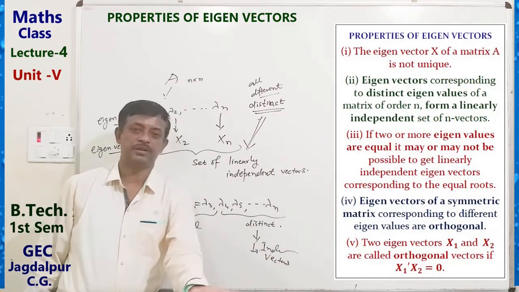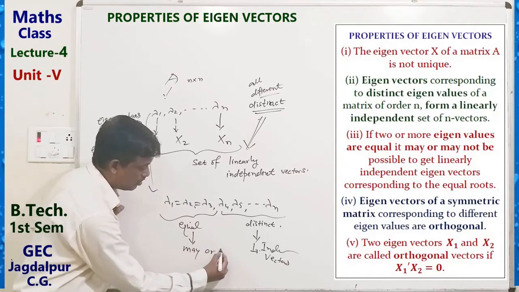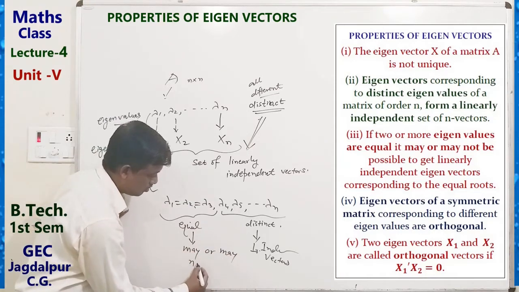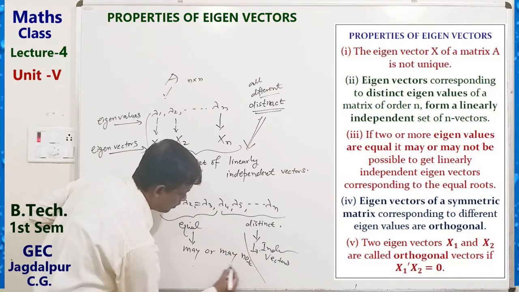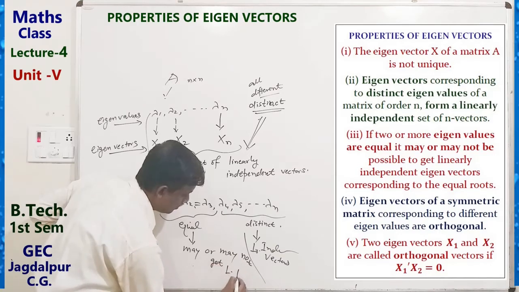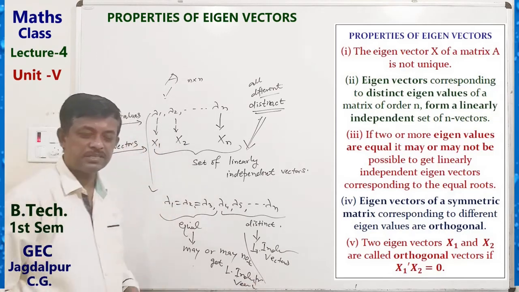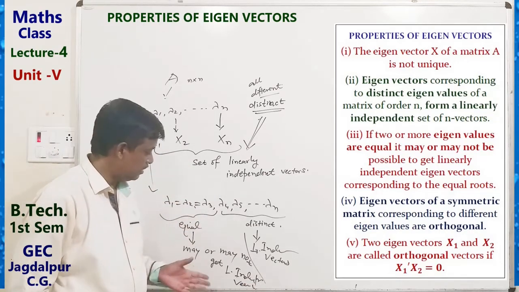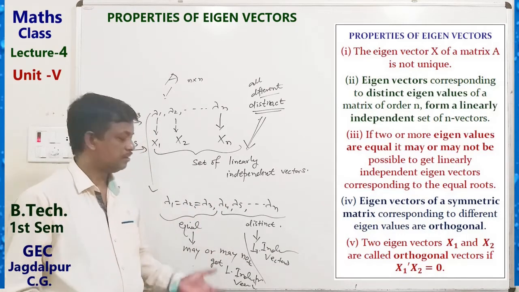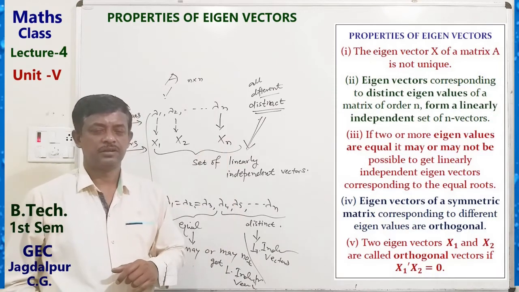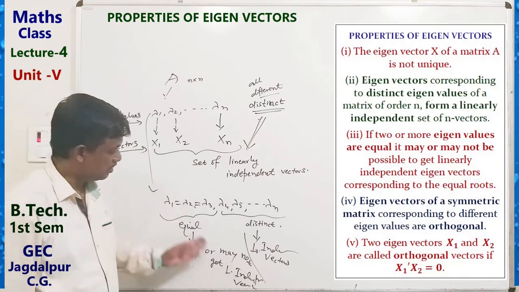Corresponding to the distinct ones we get linearly independent vectors, and corresponding to equal roots it may or may not be possible to get linearly independent vectors.